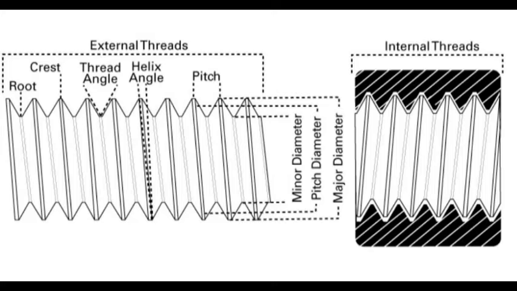And next important one is minor diameter. It is the diameter of an imaginary coaxial cylinder which would touch the roots of an external thread or crests of an internal thread.